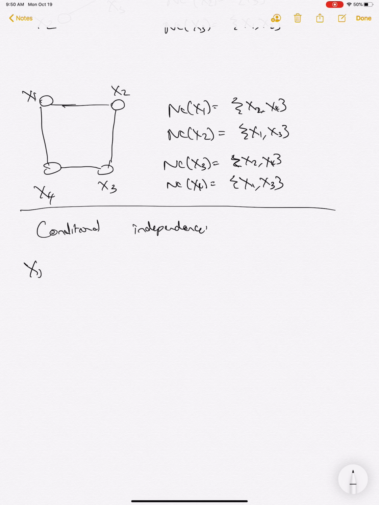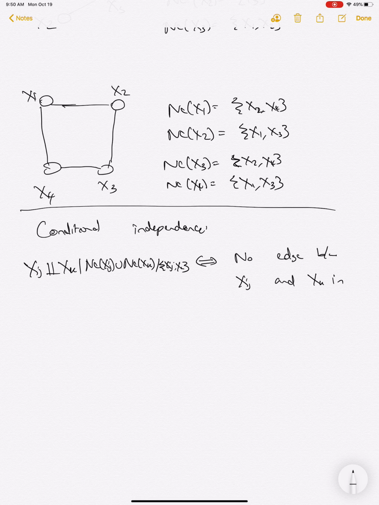So xj is independent of xk given the neighbors of xj union the neighbors of xk, excepting but not including xj, xk. And that's going to be if and only if there is no edge between xj and xk in the graph. This is now an undirected graph.